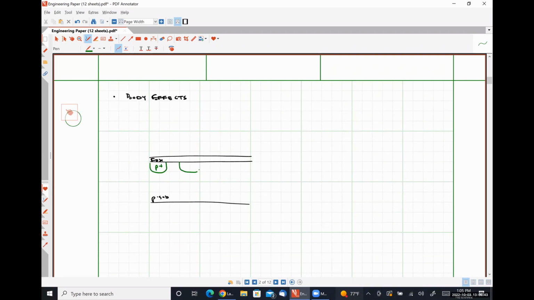Here's our P plus region, N plus, N plus. Here's our poly.